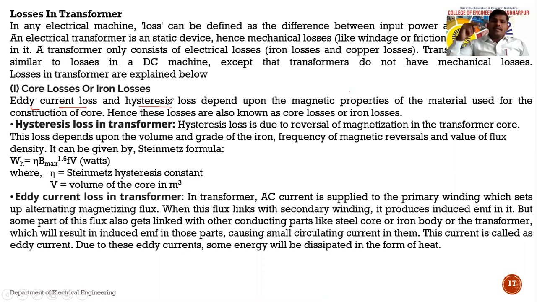These constant losses, eddy current and hysteresis loss, depend upon the magnetic property of the material used for the construction of the core. You people know that the transformer consists of one core, the main part of the transformer, one winding and one insulating material. We manufacture the core from a low reluctance material, that means its magnetic property is good. So depending upon the magnetic property of the core material, the two types of losses, eddy current loss and hysteresis loss, are there. These losses depend upon the magnetic property of the material used for the construction of the core.